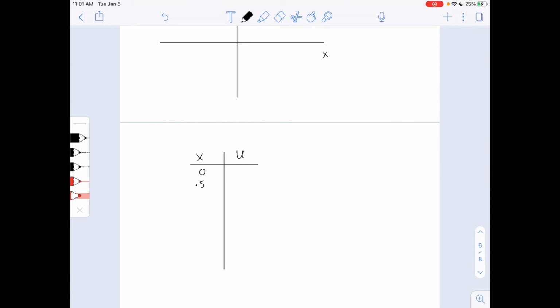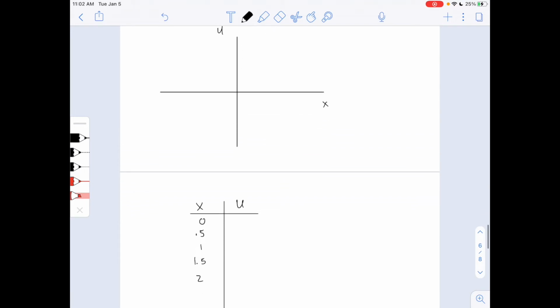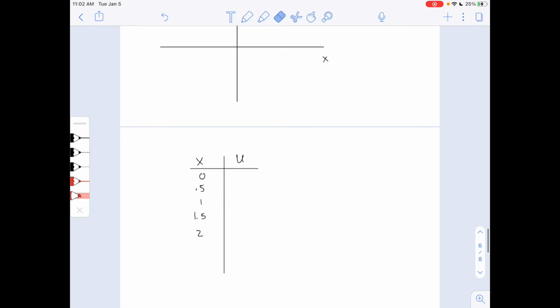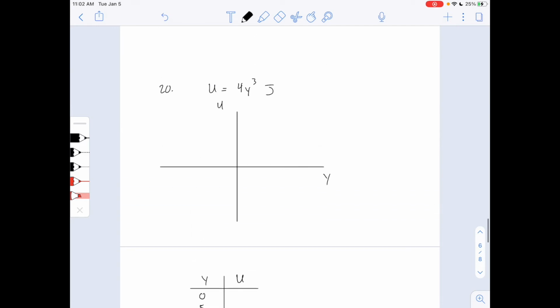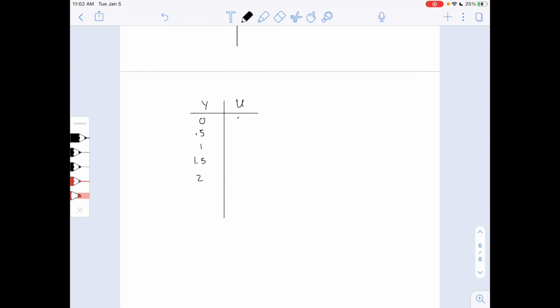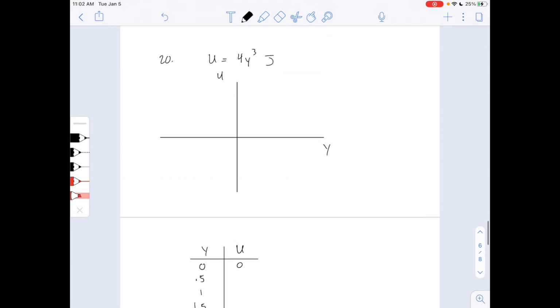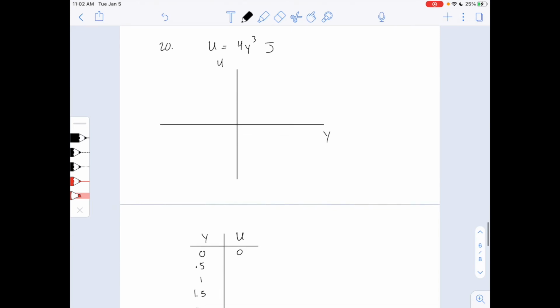And so we'll do the potential energy at x equals 0. We'll do 0.5, 1, 1.5, and 2. And if we just plug those in, potential energy for, oh, this is y, sorry. We're using y, not x. So potential at position 0, we get 0.